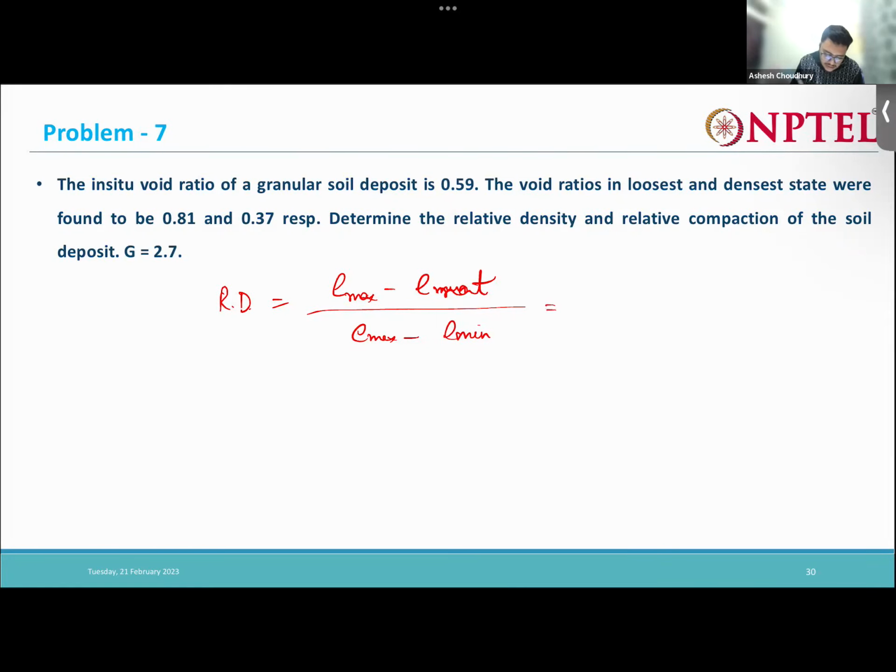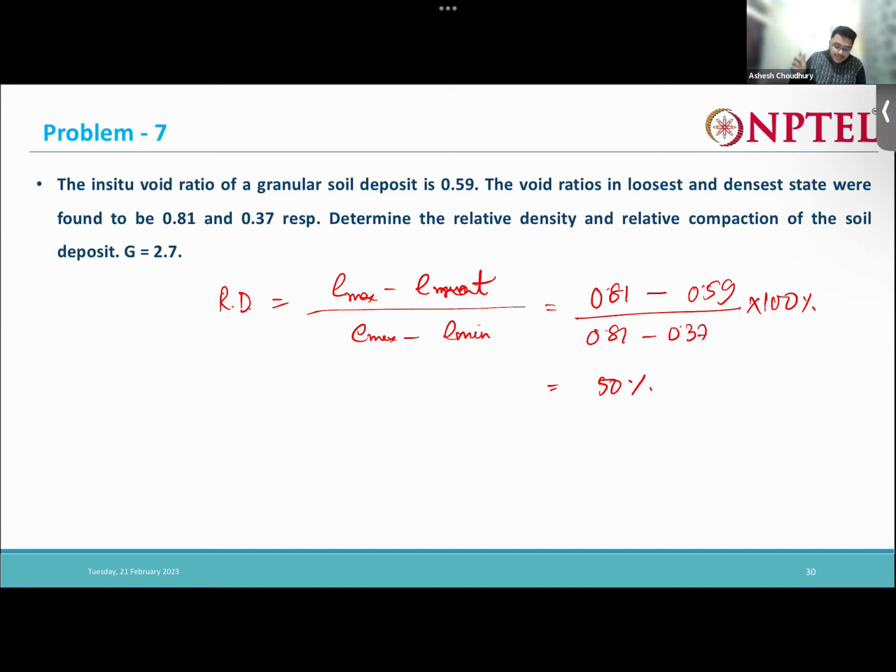So what is our e max? e max means the loosest state, right? So 0.81 minus the natural void ratio 0.59, into 0.81 minus 0.37, into 100. So we get a relative density of 50%.